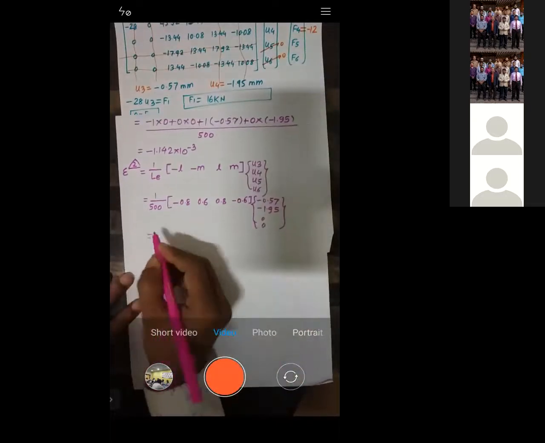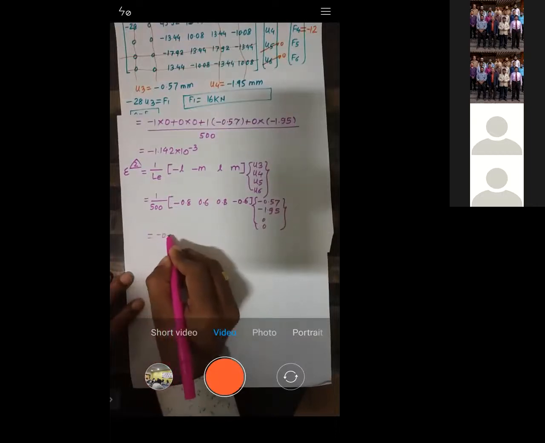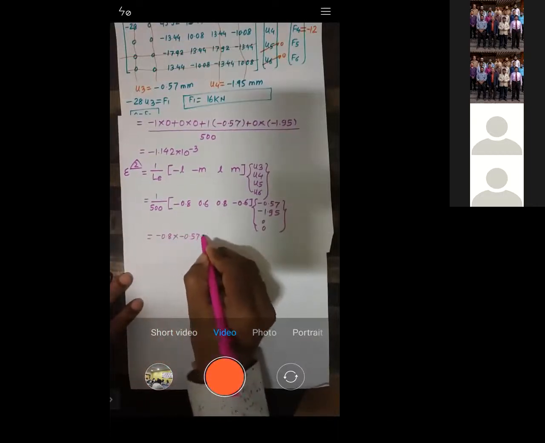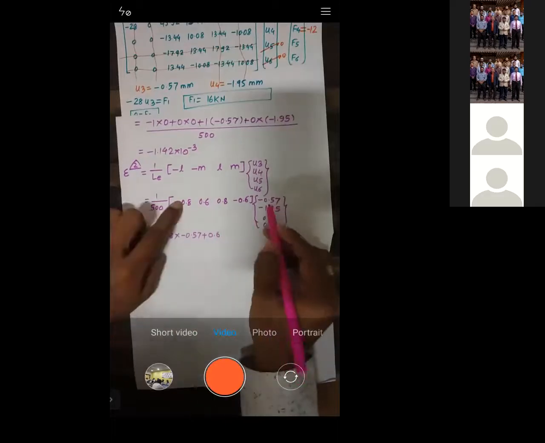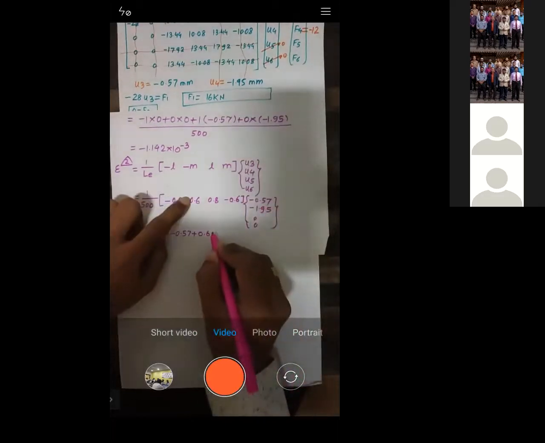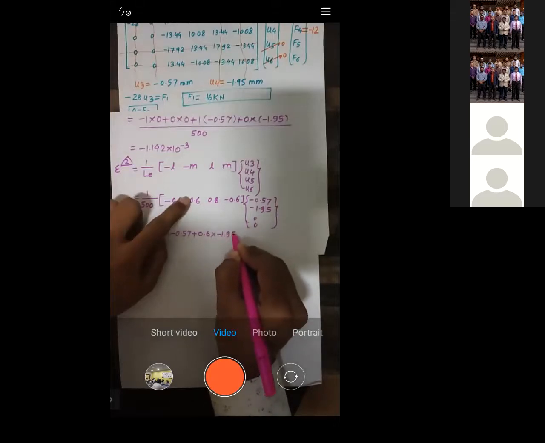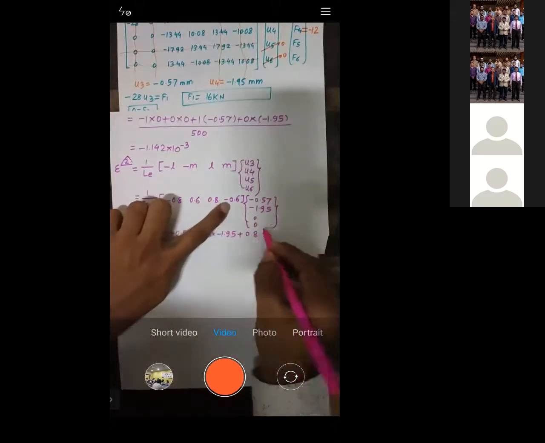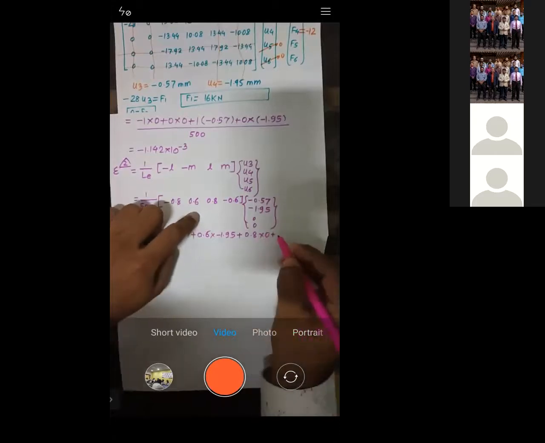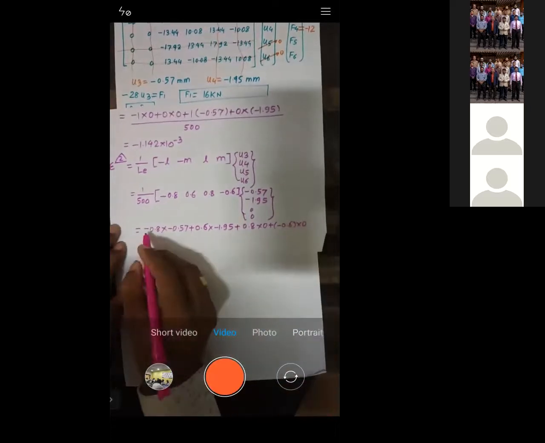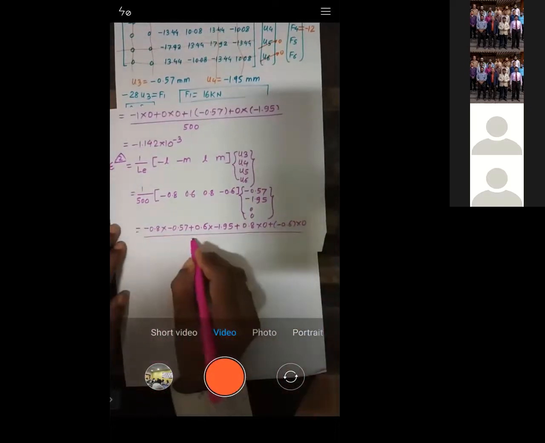Let's do the calculation. This is minus 0.8 into minus 0.57, plus 0.6 into minus 1.95, plus 0.8 into 0, plus minus 0.6 into 0, divided by 500.